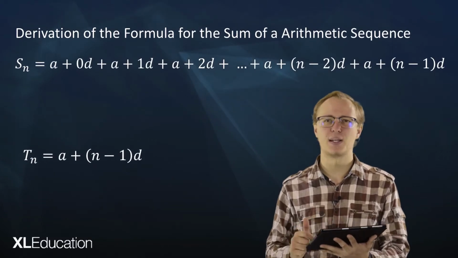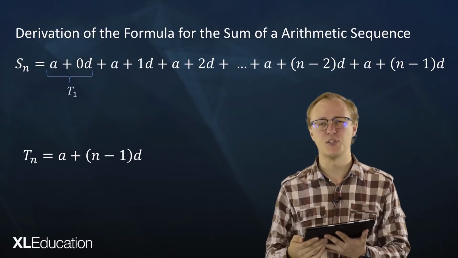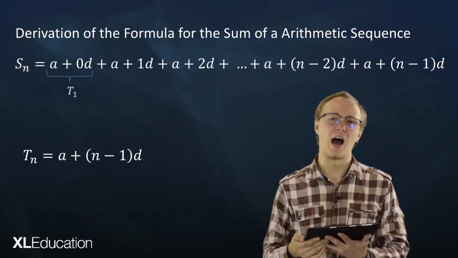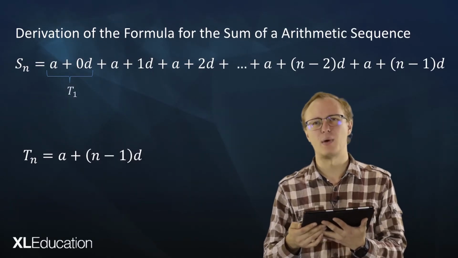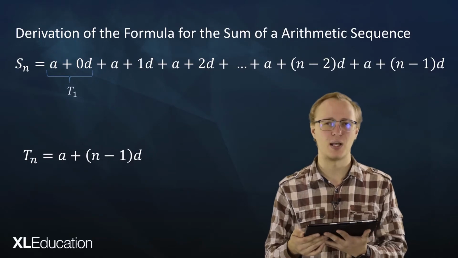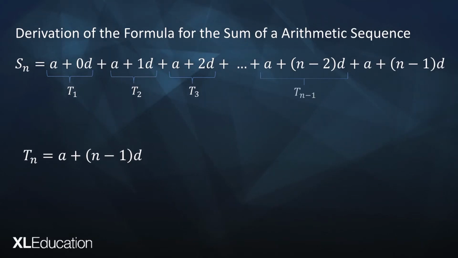So a plus 0d is the first term, and we get it by substituting 1 into our formula for the sequence. So a plus 1 minus 1 times d is a plus 0d, term 1. Term 2 ends up being a plus 1d. Term 3, a plus 2d. And then term n minus 1 is a plus n minus 2 times d, and term n is a plus n minus 1 times d. Okay, so we've made a good start here.